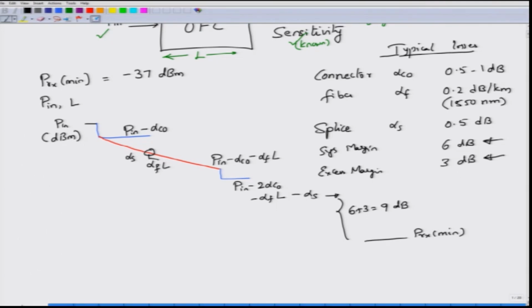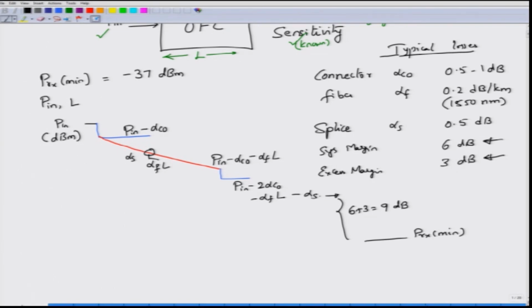In other words, if this link completely fails, giving you a loss of 6 dB with respect to system failure, and if the drift, aging and everything happens, there will be an additional loss of 3 dB. So, this 6 plus 3 equal to 9 dB loss will come into the picture when either the link completely fails or you are going to get excess margin as well, right. Your components all drifted and you got pretty bad components that you are working with.